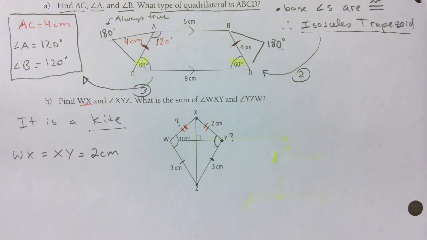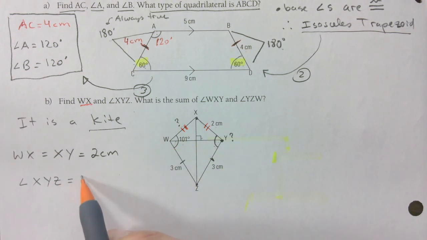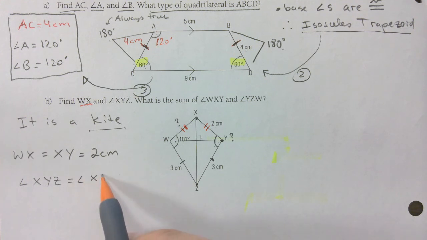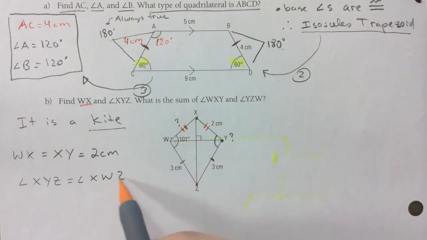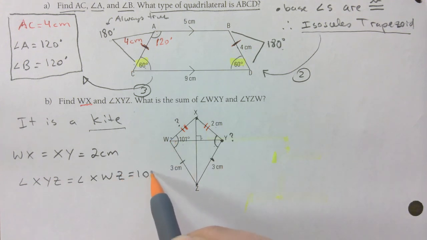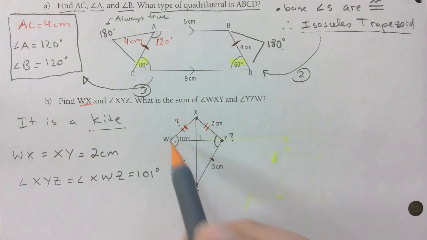And then they're asking us for angle Y. We can actually call that angle Y, but I'm going to keep it XYZ. Is going to be the same as the one across from it. Is this going to confuse you? I don't want to confuse you, but XWZ is the other one, right? Like XWZ is the one across from it.